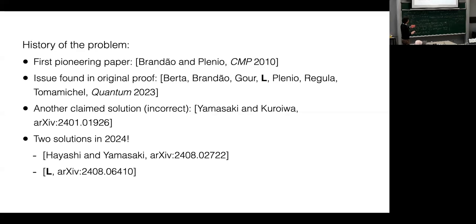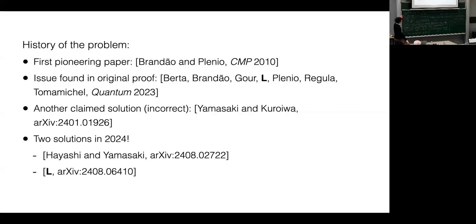This was found mostly by Marco Tomamichel, actually, and Gilad Gour, mostly Marco. Then we got involved for other reasons, because we tried to fix it. We could fix it in some special cases, but not very satisfactorily. There was also another claimed solution later by Yamasaki and Kuroiwa in January this year.